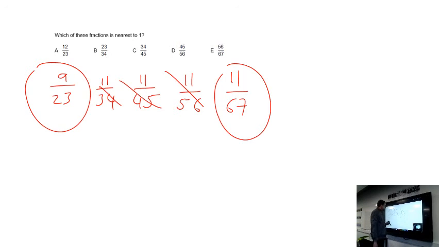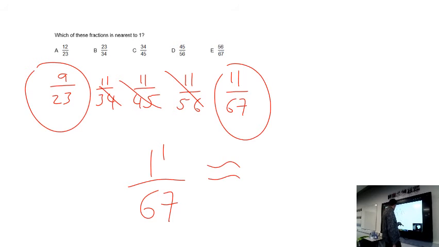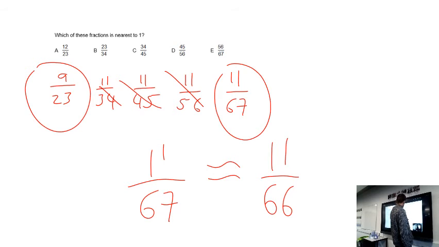So if we look at 11 over 67, it is approximately equal to 11 over 66, which is a sixth.